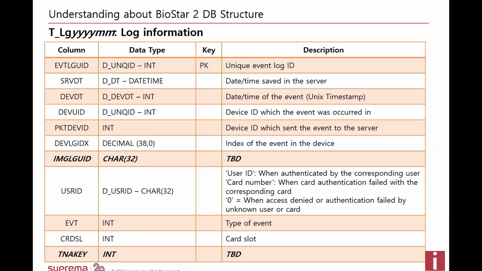Sometimes, the customer only checks the data in the SRVDT column and is confused that the device's log is stored incorrectly. Please refer to DVDT, which is the reference time of the actual user authentication log. The column data of the EBDT is recorded based on UTC-0. Therefore, in order to calculate the actual time, it is necessary to check the data of the table where the device's time zone is stored and then calculate the time.